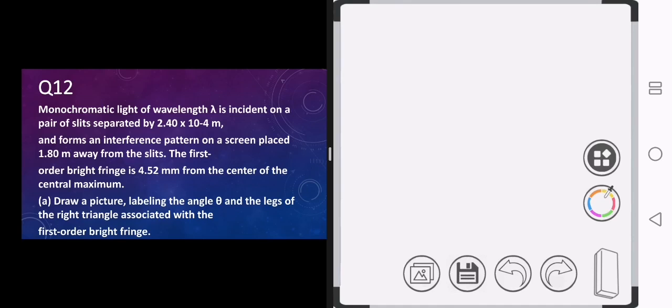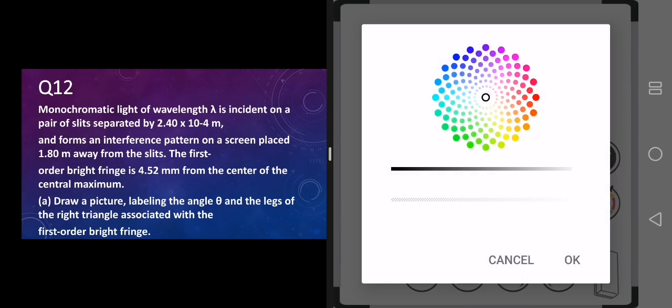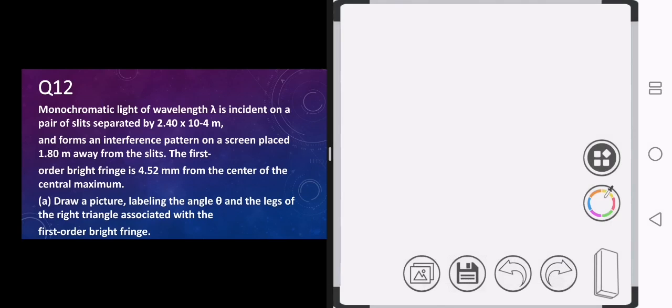Alright, so for the double slit case, we're going to have two slits. So this is our d, the distance between the two slits is our d.